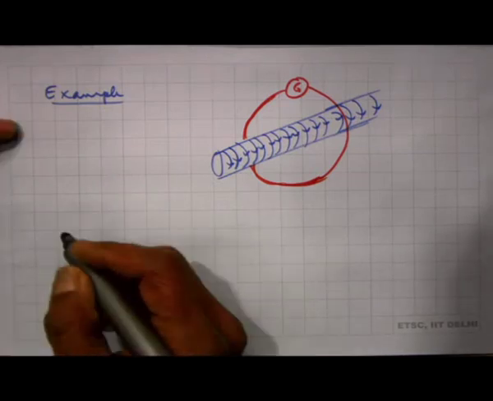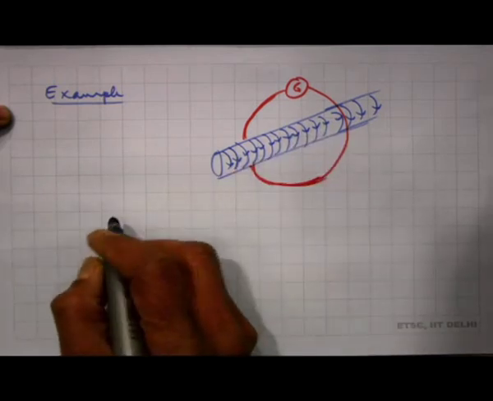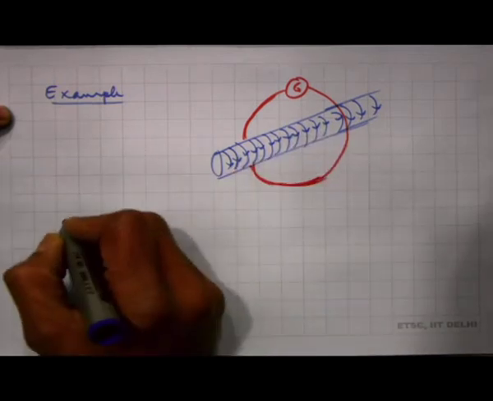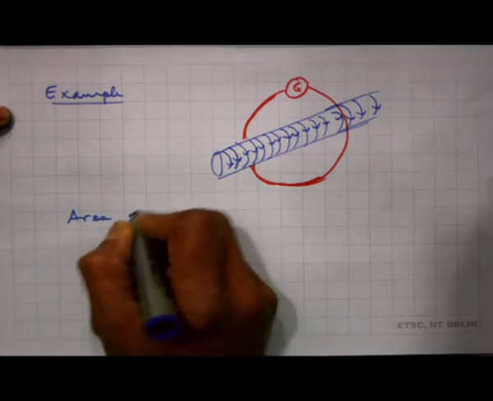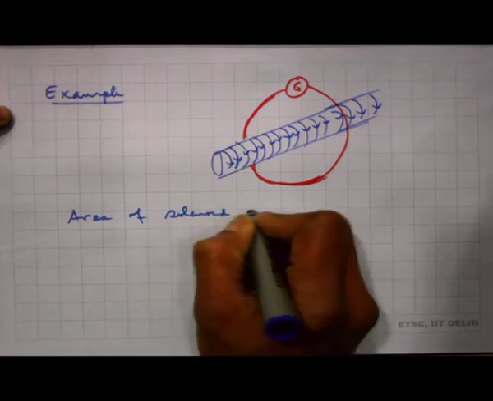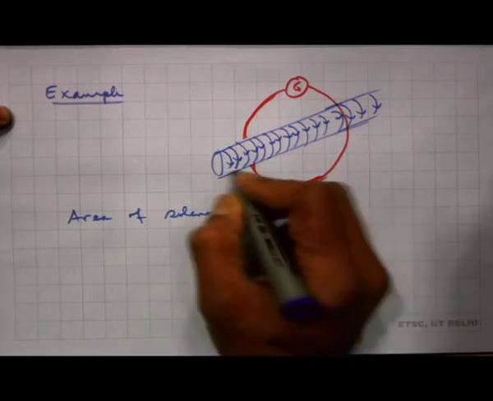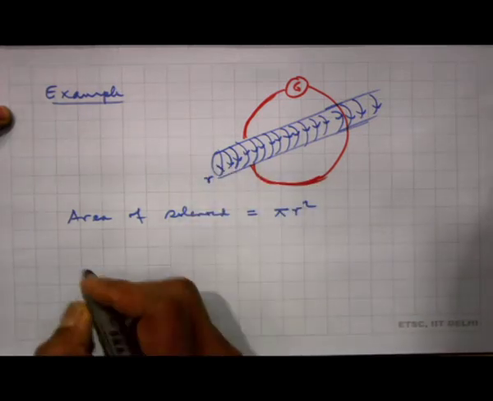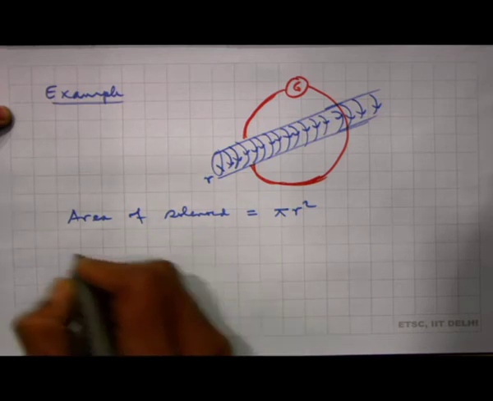So, let me calculate the induced current here. Let me assume the area of the solenoid is equal to pi r square, where r is the radius of the solenoid.